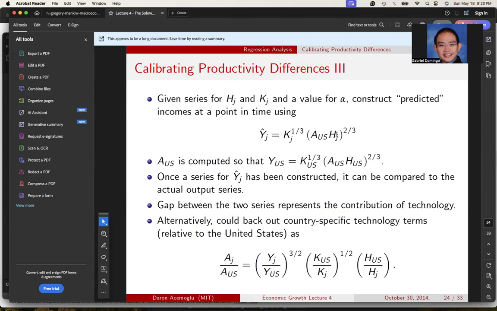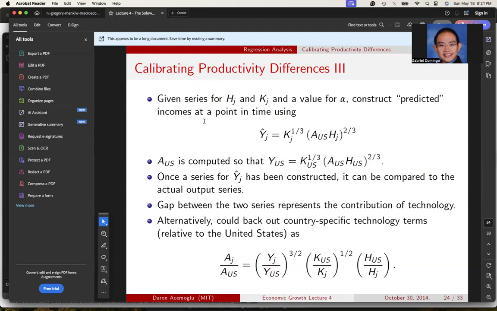Okay. The thing here is that the A is not measured, right? It's something that affects Y, but you cannot directly measure it. So one way of thinking about how big the A's are for the different countries is to use what's called a calibration method.